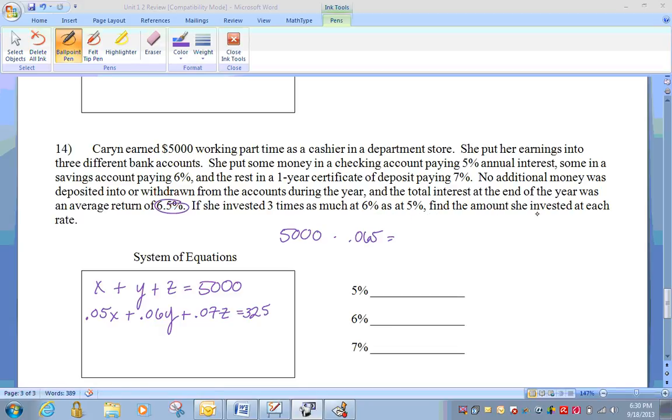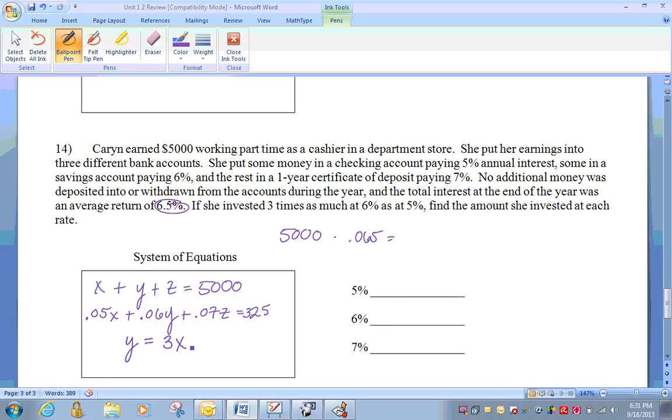Find the amount that she invests at each rate. So the amount that she invests at 6% is Y, and that is 3 times the amount that she invests at 5%, which is X. So I'm going to do 3 times X.